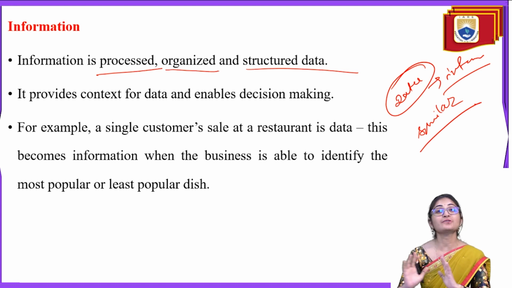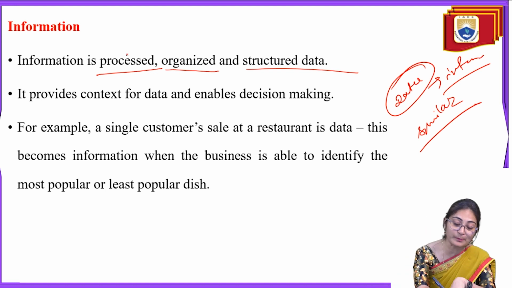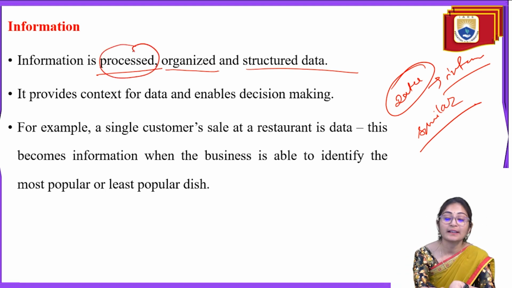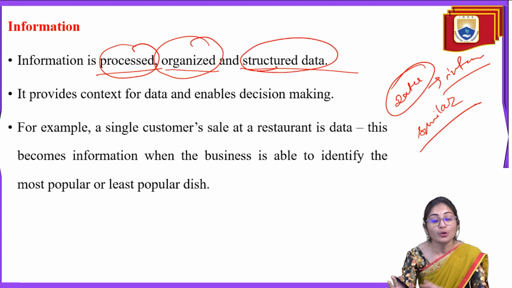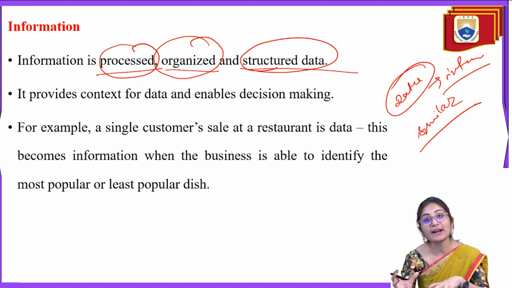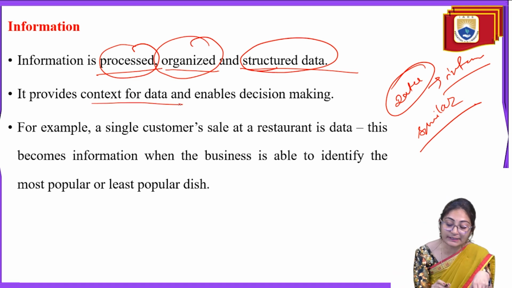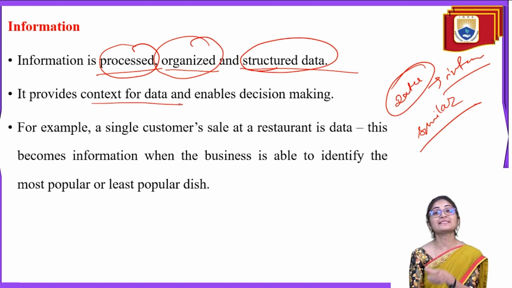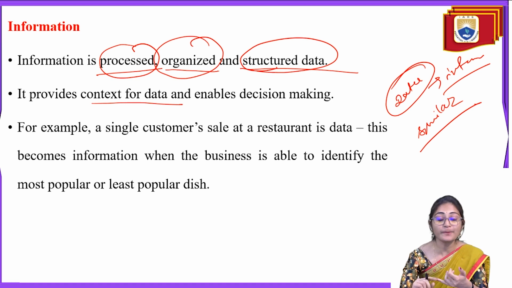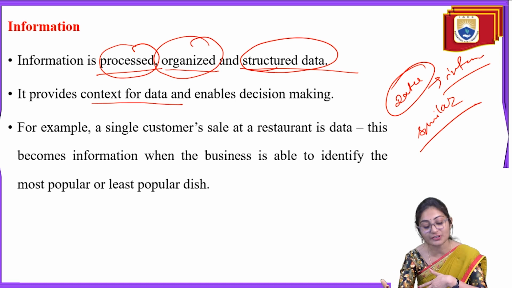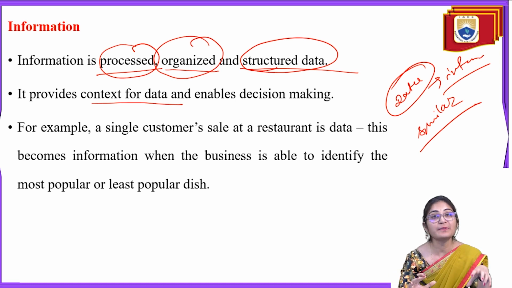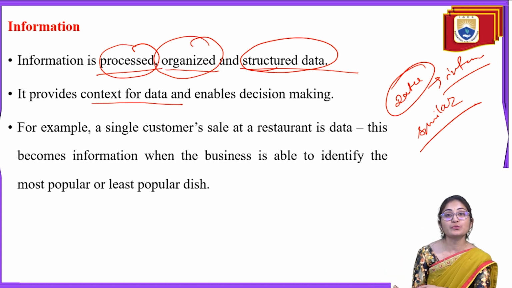But information is not like that. Information will be in a processed, organized and structured format. Mainly it provides the context for the data and enables decision making. If your data is in processed, organized, structured form, it will be very easy for users to take decisions.